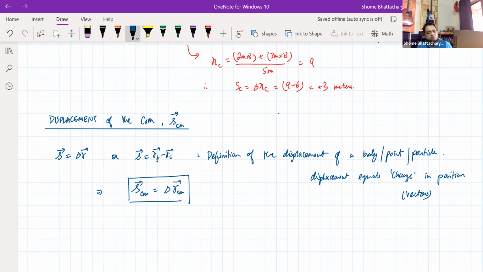So using this definition, we can see that displacement is the change in summation mr divided by summation m.